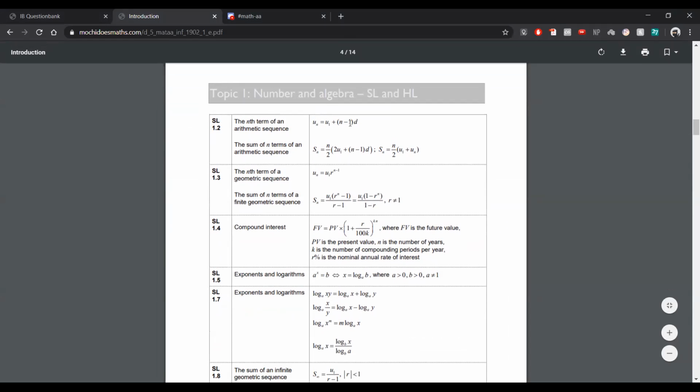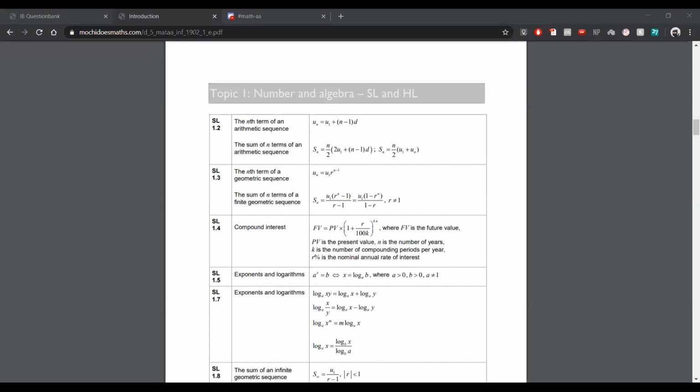So if you feel comfortable, you can use this formula: U12 is equal to U1 plus 11D, because it's 12 minus 1. U1 is 5, the first term, and D is the common difference, which is 2. So that's plus 11 times 2, and you get the same answer, which is 27. Those are 2 ways to solve this problem.